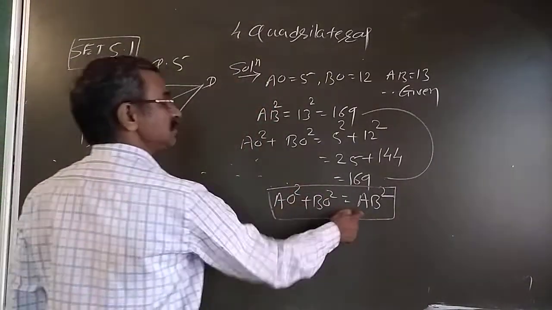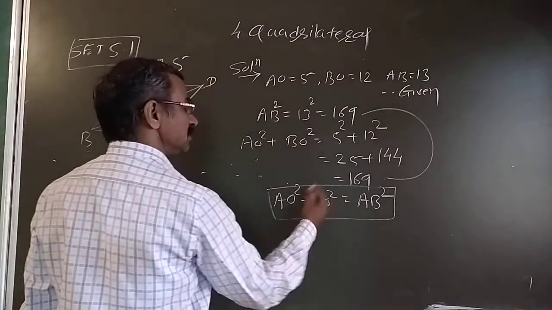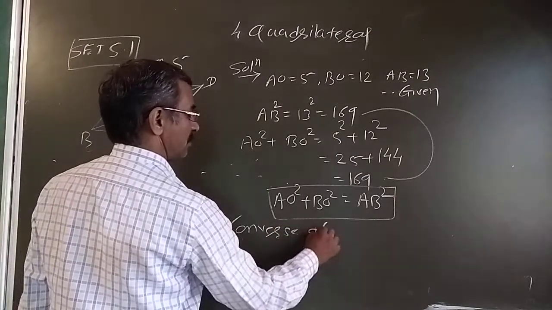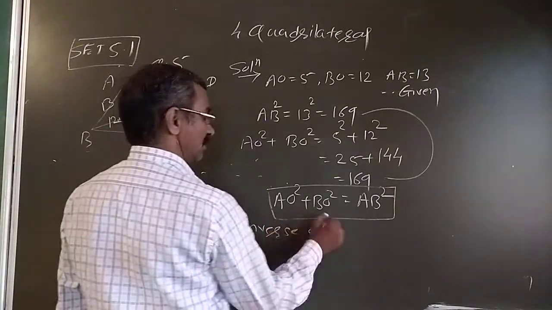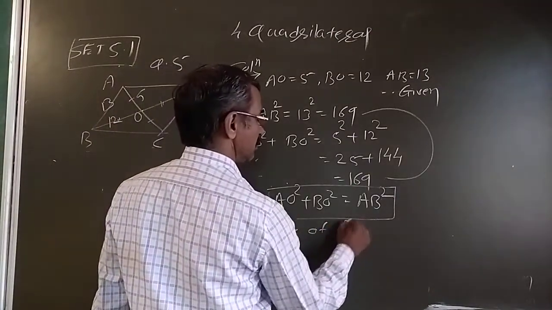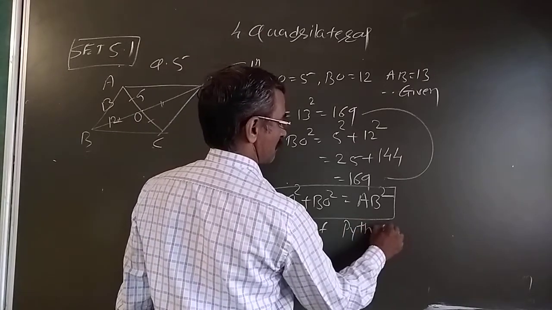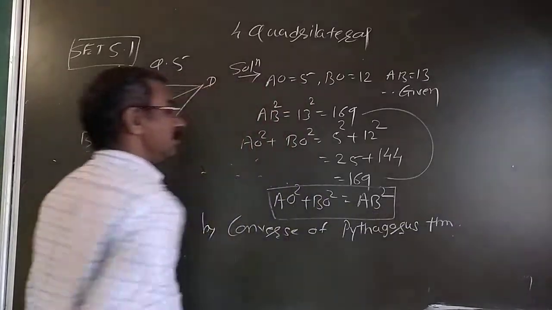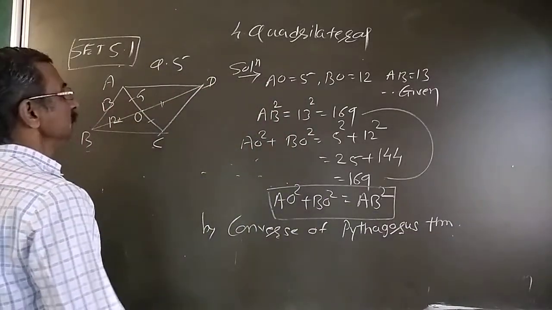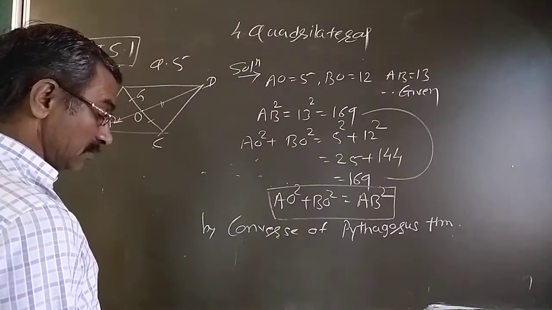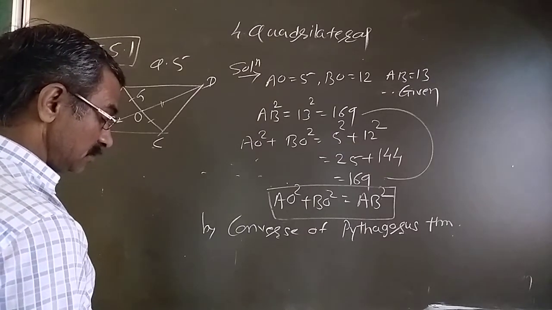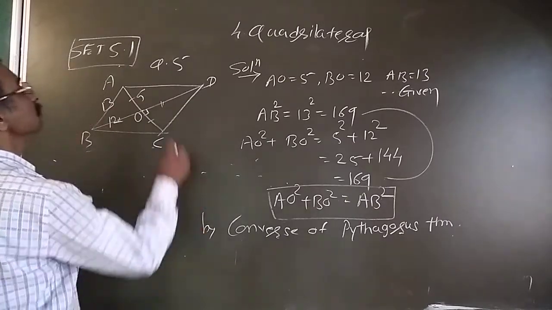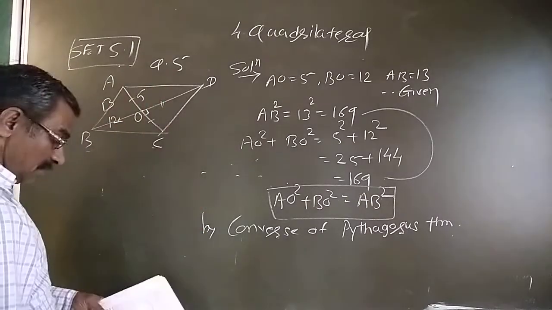So this is the Pythagoras theorem, but it is the converse of it. By converse of Pythagoras theorem, we can say that the diagonals of the given parallelogram are perpendicular.